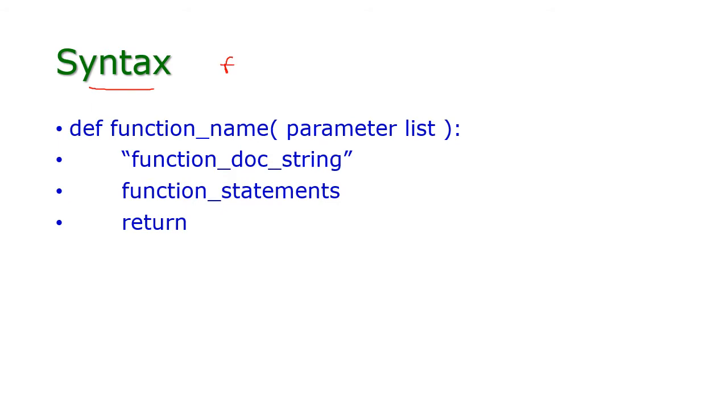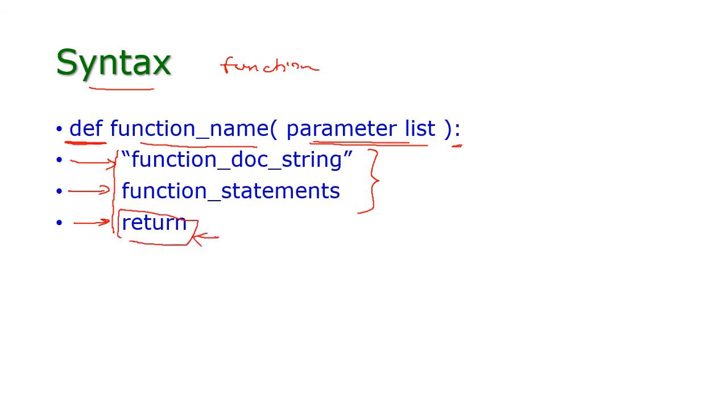Syntax of a function. All functions start with the keyword def. def is nothing but definition, followed by the function name, and within the parentheses the parameter list will be there, followed by a colon. After that, all the statements of this function will start only after a tab from the first line, and the block of statements will be there, and finally we have the return keyword.